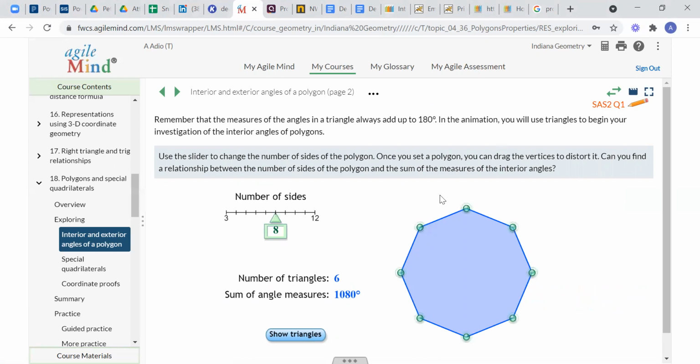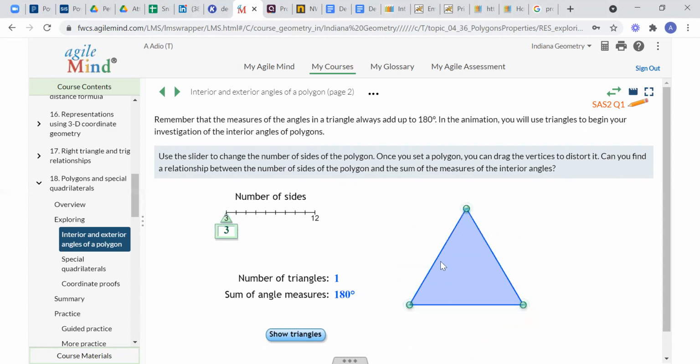So here, as we all know, the sum of interior angles is always, we have a formula, n minus 2 times 180. So if we have a triangle, the sum of the interior angles would definitely be 180.